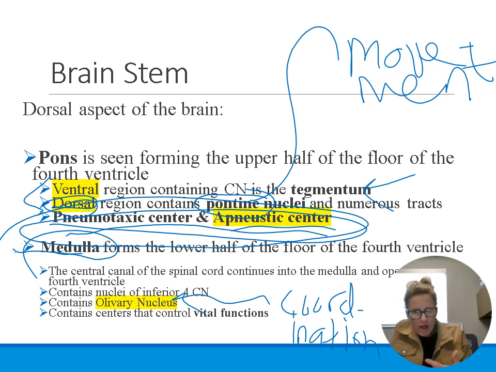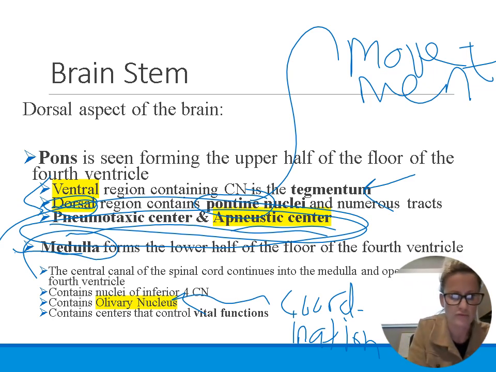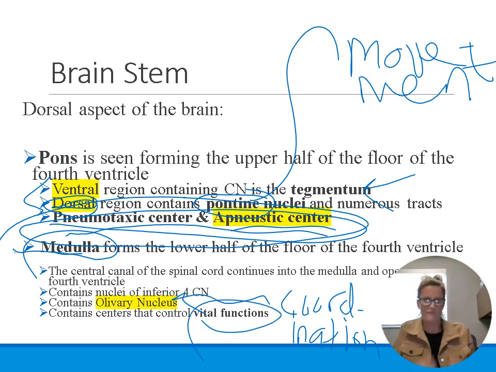The medulla oblongata also has multiple nuclei, or centers, that are involved with vital life-sustaining functions. Remember, as you go down in the brain, the functions get more basic and life-sustaining, things that all mammals have. The medulla oblongata is the very bottom of the brain, so this is very basic life-sustaining stuff.